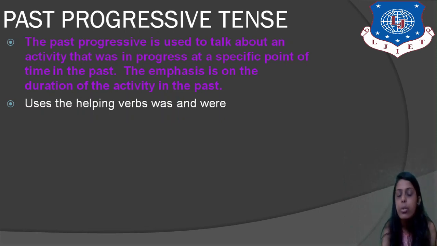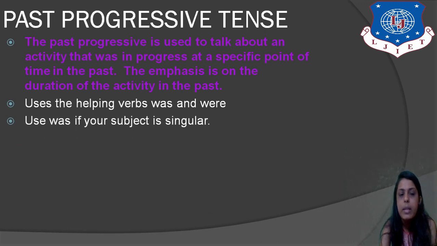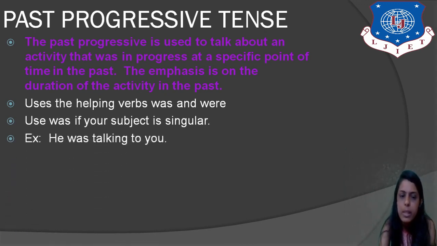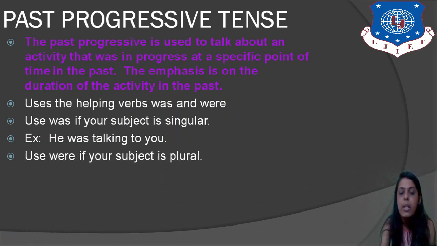Here what you need to do is add was and were to the verb, right? Use was if your subject is singular and use were if your subject is plural. He was talking to you. So the activity was progressive in the past. That's why I have utilized was before the verb, and the verb will have -ing, right?